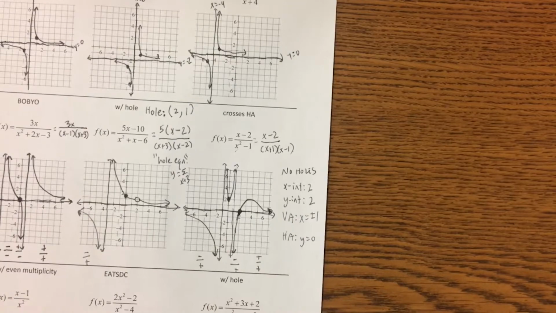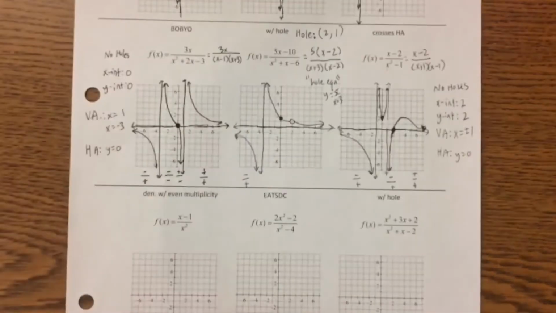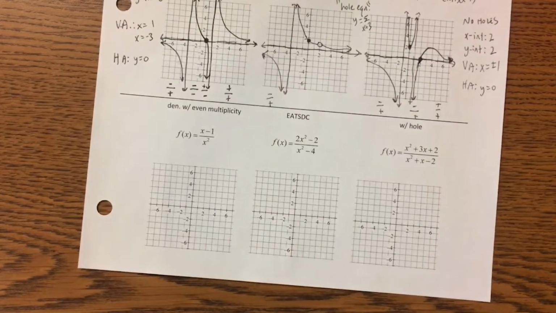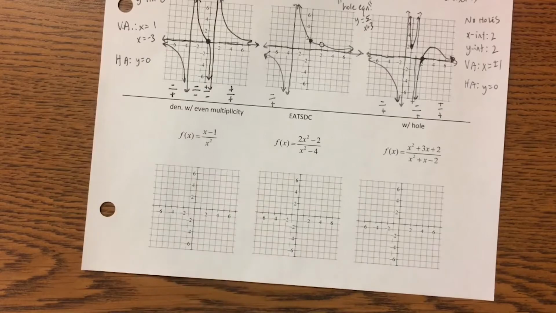Yes, sir? What dictates how far up it goes? All right, so down here what we'll see is that our denominator, when we set that equal to 0 and solve it, we get a multiplicity of 2, so a denominator with an even multiplicity. When we had x-intercepts that had an even multiplicity, what effect did that have on the graph?